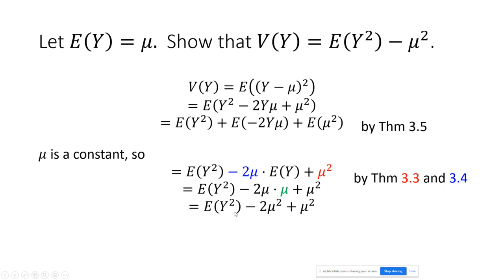So we have the expected value of y squared minus 2 mu squared plus mu squared. So the variance of y equals the expected value of y squared minus mu squared. Questions about this?